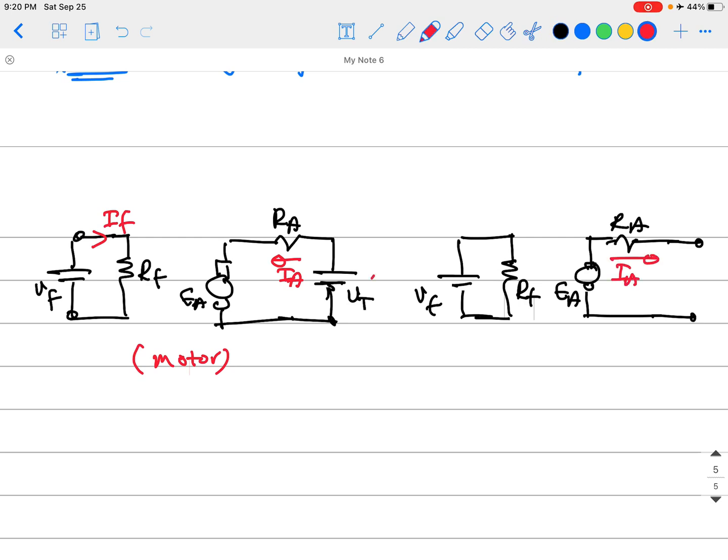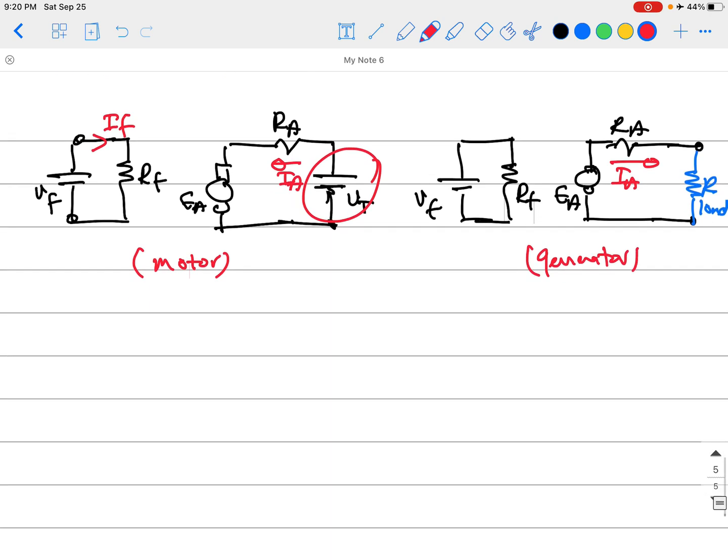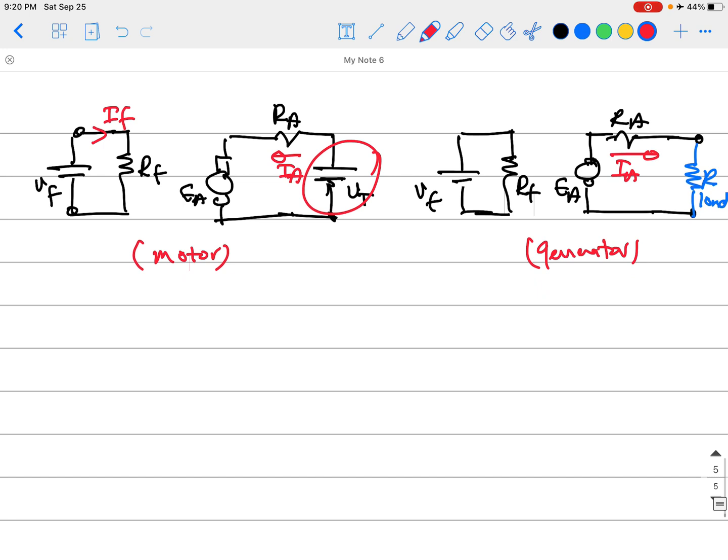Rather than having a voltage source like this, you will have a load, like a resistor. There will be a voltage here, positive, negative V terminal, but that is the voltage across the load. It's not an applied source to the machine.